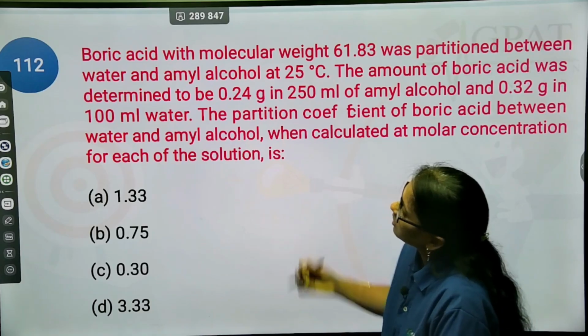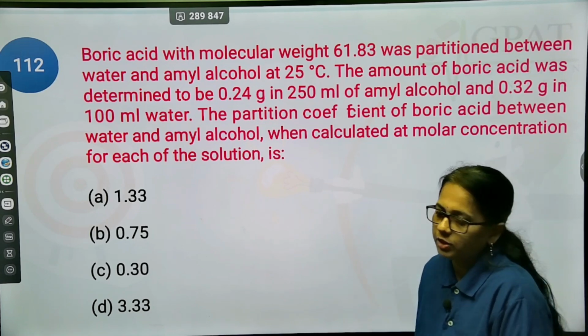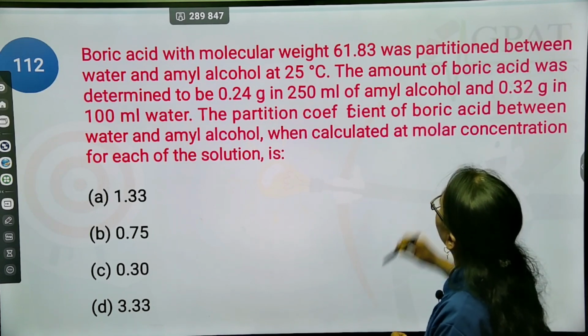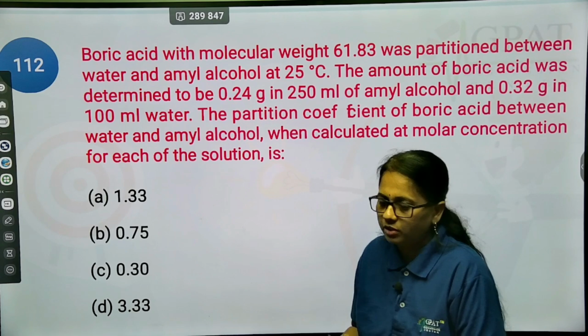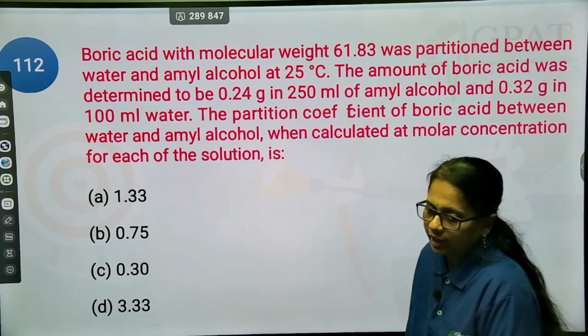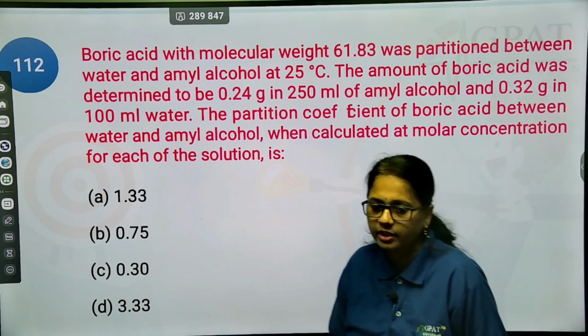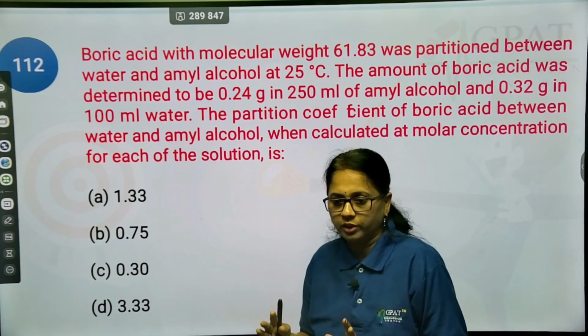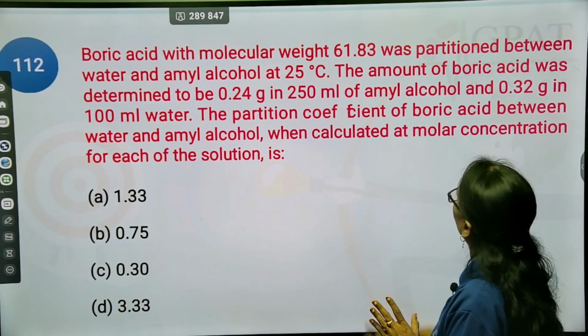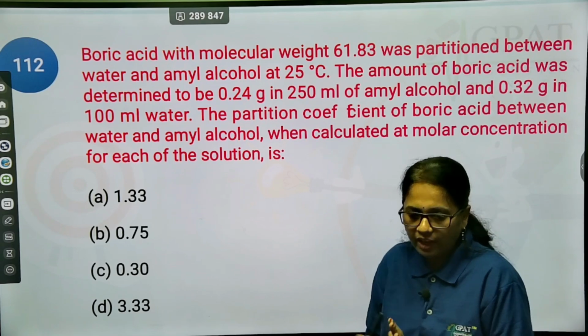Okay. Now let us see the next question. Boric acid with a molecular weight of 61.83 was partitioned between water and alcohol at 25 degrees centigrade. The amount of boric acid was determined to be 0.24 grams in 250 ml alcohol and 0.32 grams in 100 ml water.